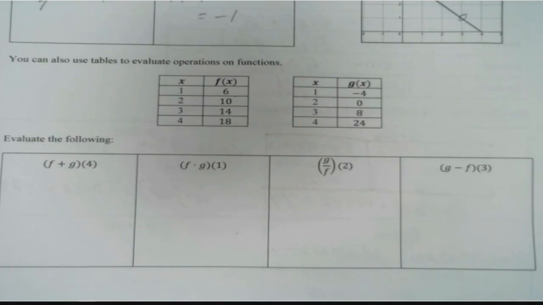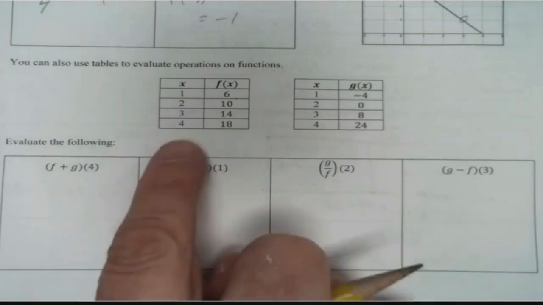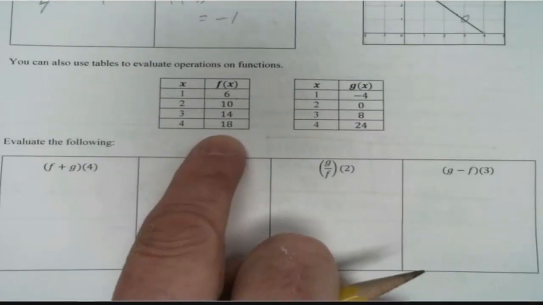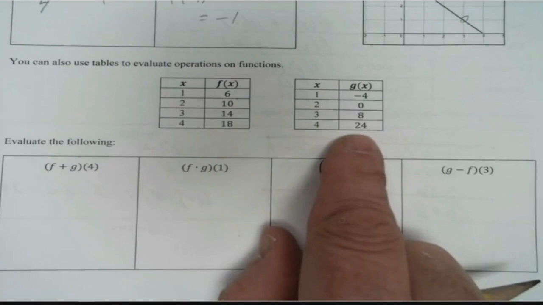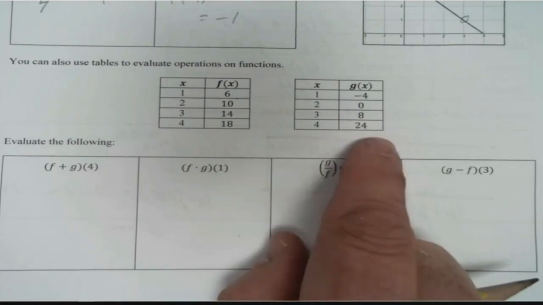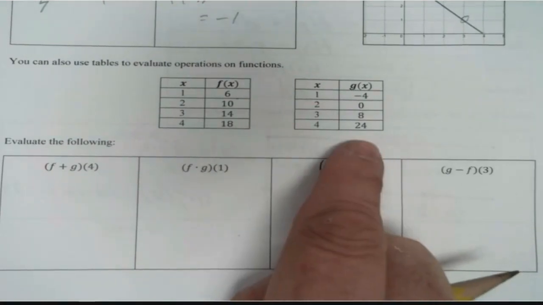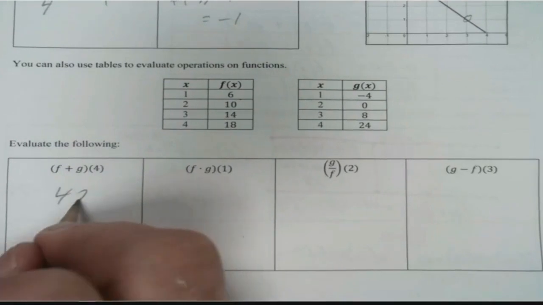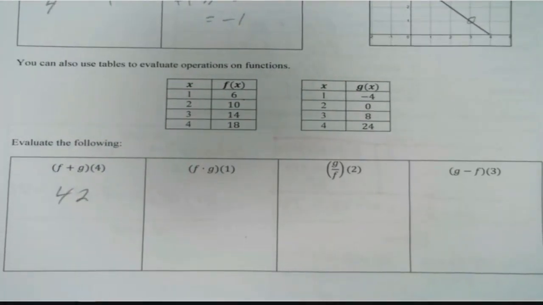Boy, Joel's quick on this. Mia's got 42. F is 18 when x is 4. G is 24 when x is 4. 18 plus 24, 42. Just add them together. Several of you all had that. Good job.